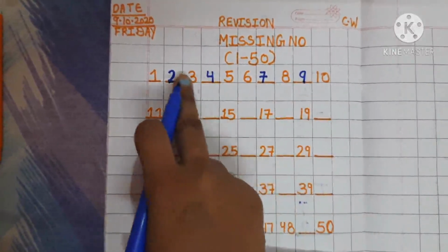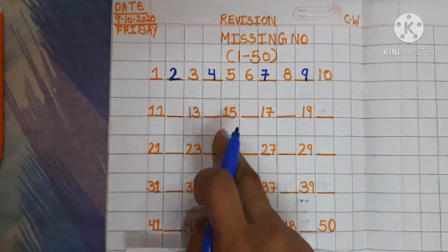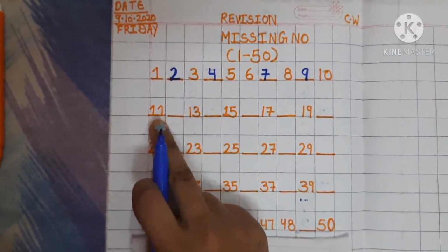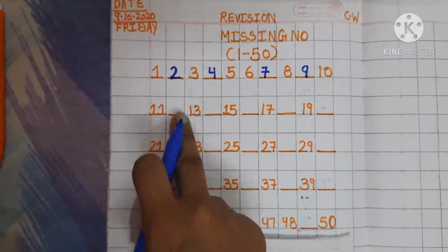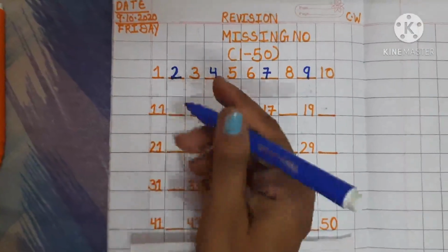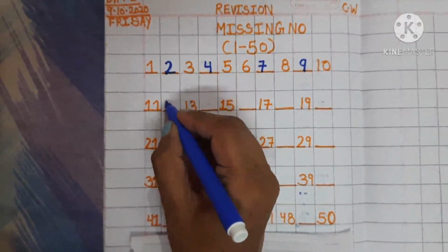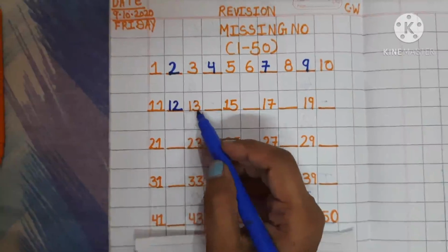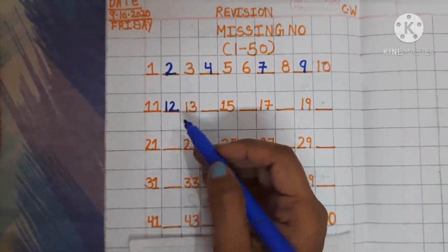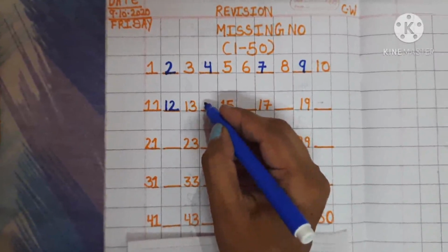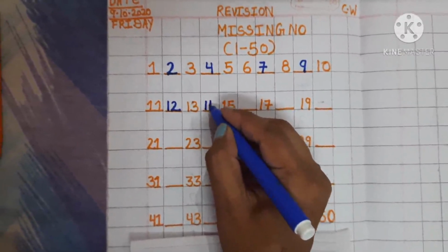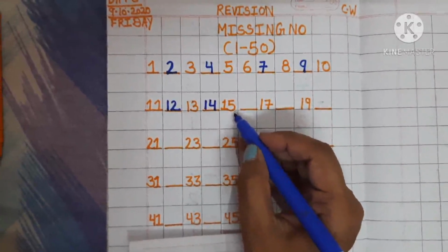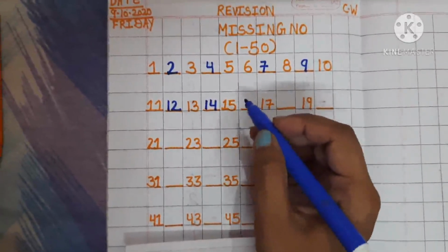This line we have completed. Now come to the next line. 11. Which number is missing here? 12. Then next number 13. After 13, which number is missing here? 14. Then 15.